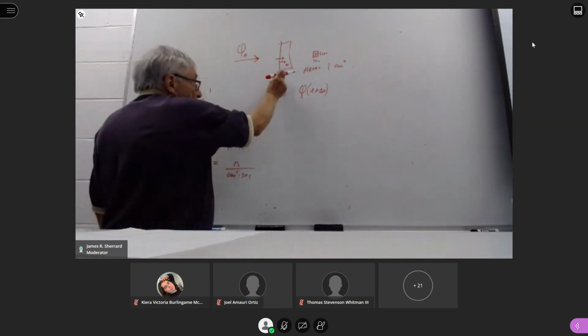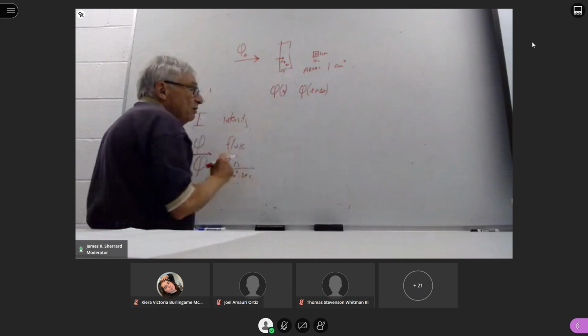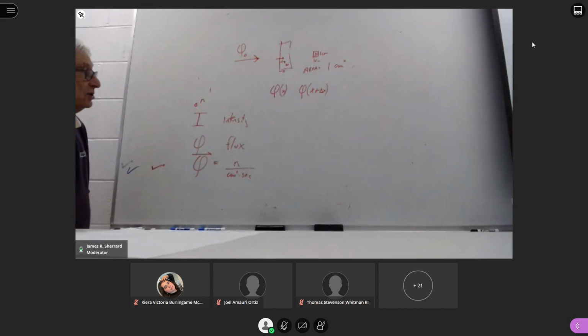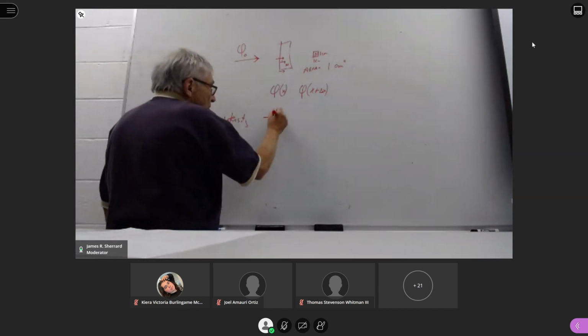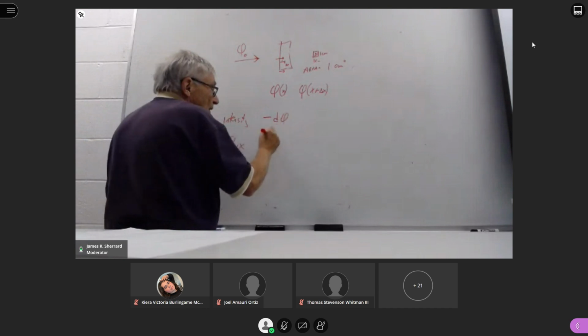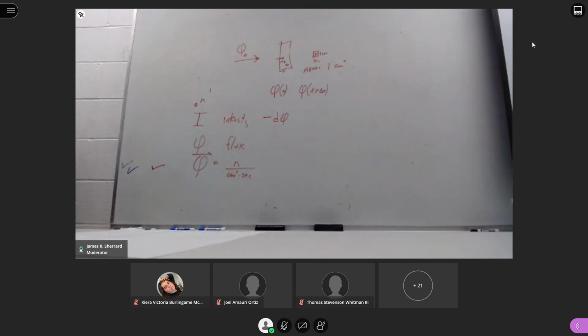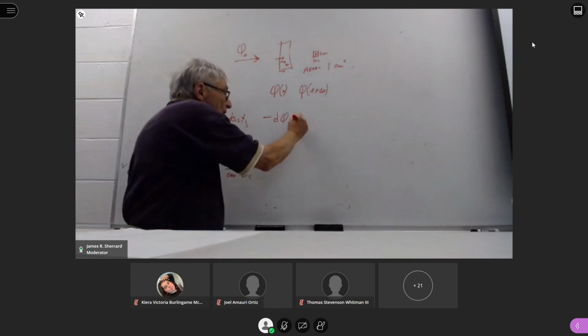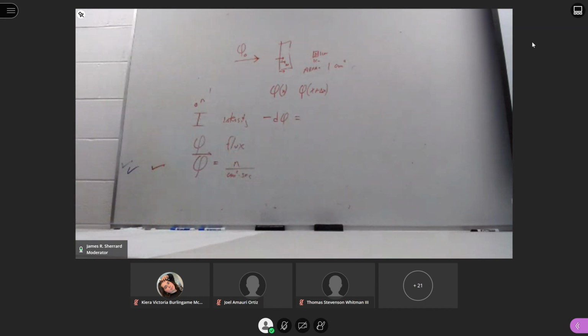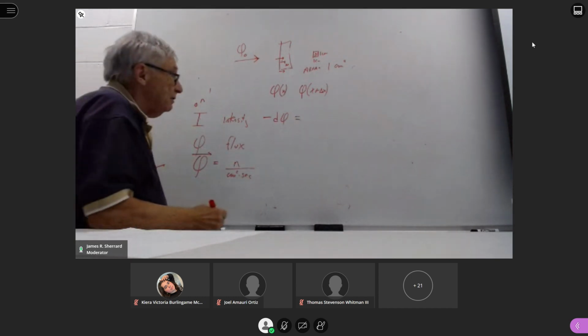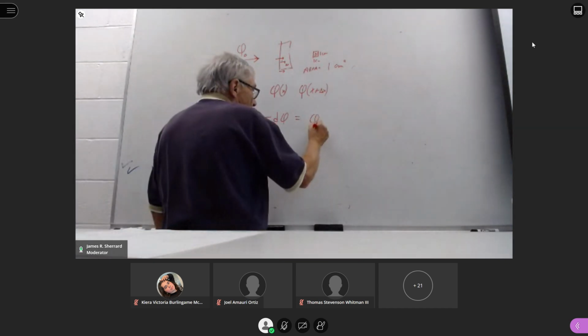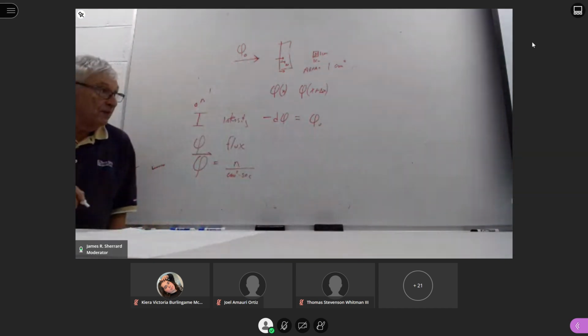If we look at what happens when you go through some little incremental value, delta x, we will have a decrease in the flux. We're going to lose neutrons due to scattering or absorption. And what is this a function of? It's going to be a function of the original flux coming in.